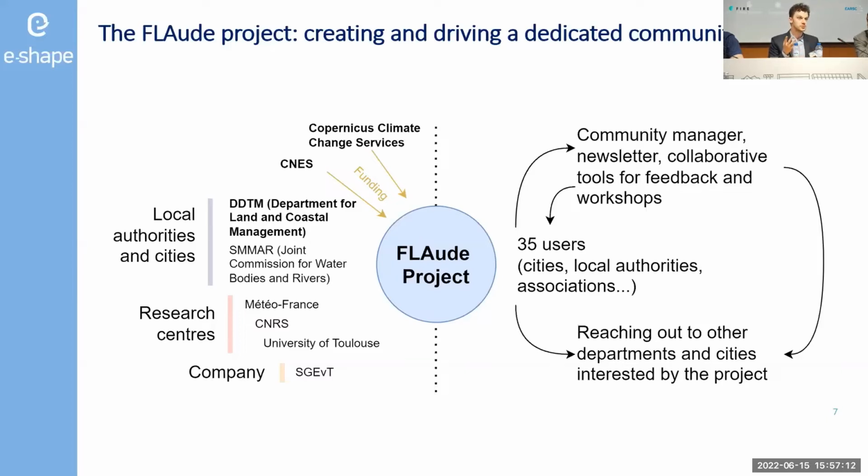So we had the Copernicus Climate Services, which chose this project as a pilot for the C3S and to fund the project. We had then other local agencies, authorities, cities becoming part of the project. We had research centers, so the French meteorological entity or the University of Toulouse. And we also had one company joining the consortium.